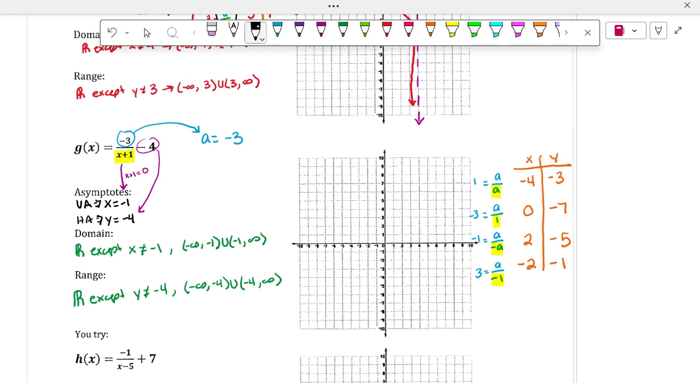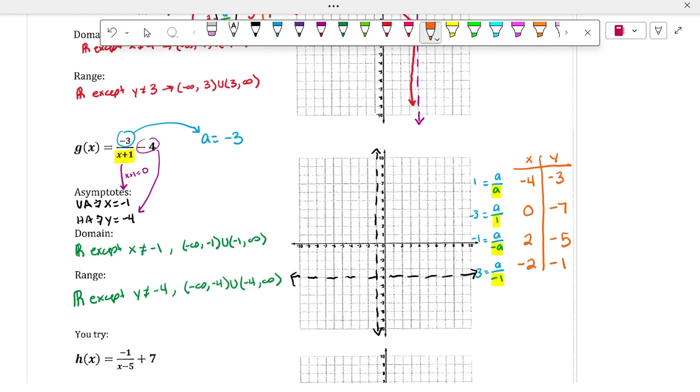I'm going to start by graphing my vertical and horizontal asymptotes. There's my vertical, my horizontal is here. Then I'm going to graph my boundary points.